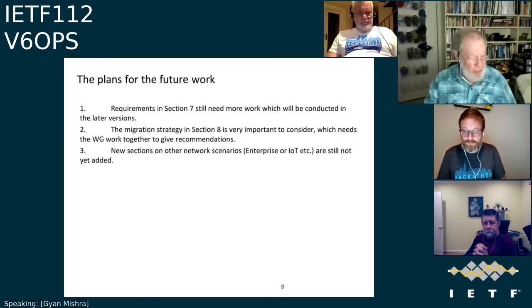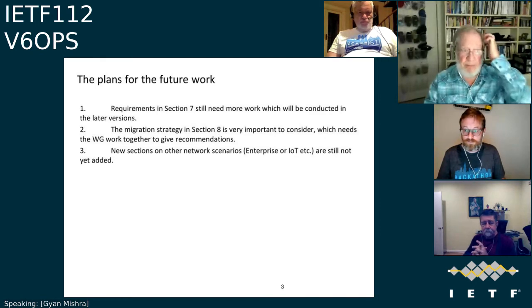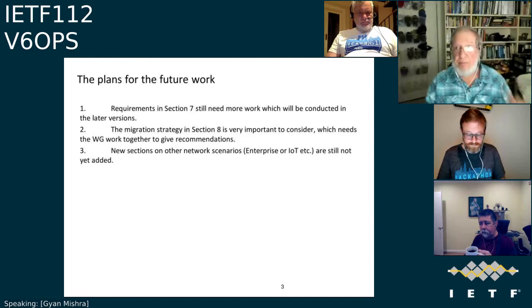As far as future work, the requirements in section 7 still need some more work, and we'll be conducting that in later revisions. We would like feedback from the work group, and we appreciate all the feedback we got through the adoption call, and the continued feedback and any criticism. We're open to any changes and updates, as this is a work group document.